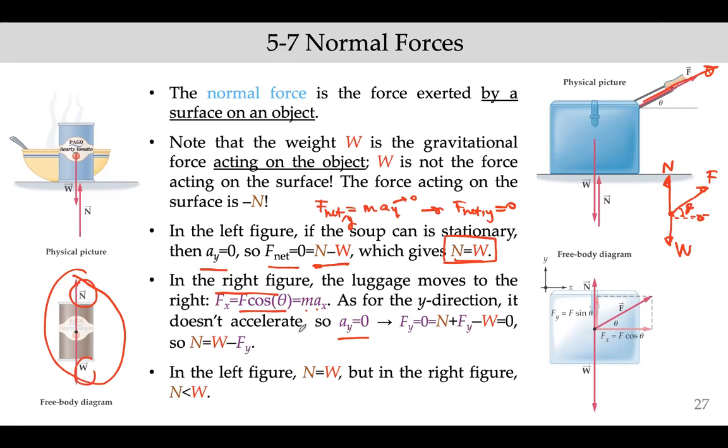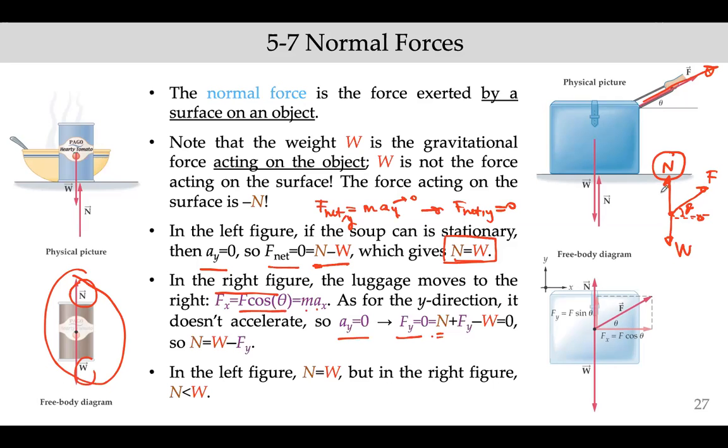So now I will write down F net y component equals m a, and because acceleration a is 0, F net in the y direction will be just 0. Now let me write down the forces. In the up direction, there is this force N, which comes with positive sign.